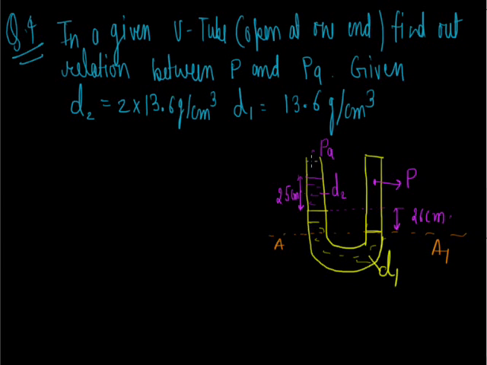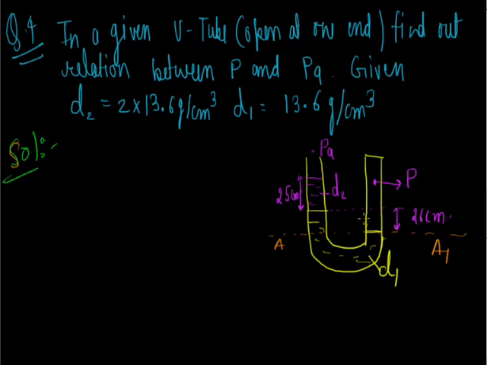This total pressure on the reference line will be equal to the total pressure applied on this side, which will be P, because there is no liquid above this level. And as we know the pressure in a liquid at the same level is the same, so we can write the solution.